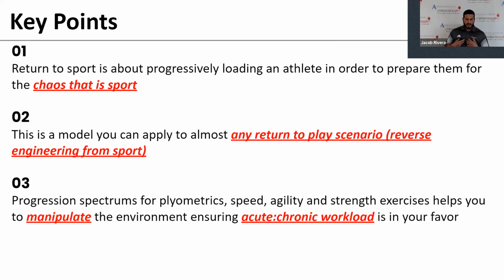So ultimately, I'm trying to manipulate that environment while also ensuring that the acute to chronic workload is in your favor. So what in the heck do I mean about the acute chronic workload? It's as simple as this. If I'm training for a marathon, and the farthest that I've ever run in my life was a 5K, 3 miles, right? If I had only been running 3 miles, and then all of a sudden I decide I'm going to do a 10K this weekend, it's going to be awesome.